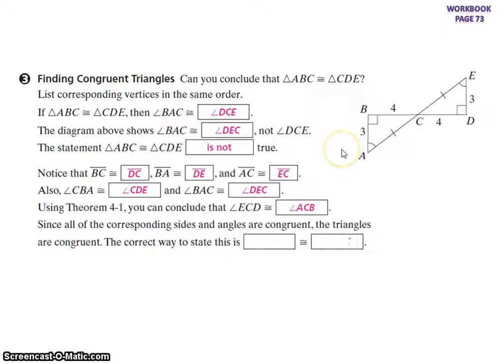And since all the corresponding sides and angles are congruent, the triangles are also congruent, so the correct way to state that would be the triangle ABC is congruent to triangle EDC, which is very, very similar to CDE, but the letters are not in the same order, and so we need to have the corresponding angles listed in the order that they're at. So I guess that's the whole point of that entire problem.